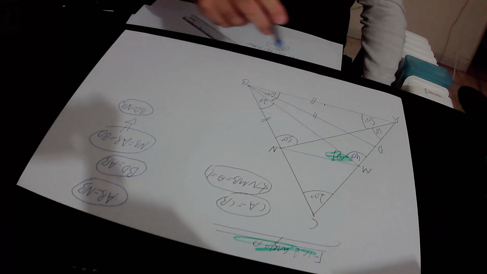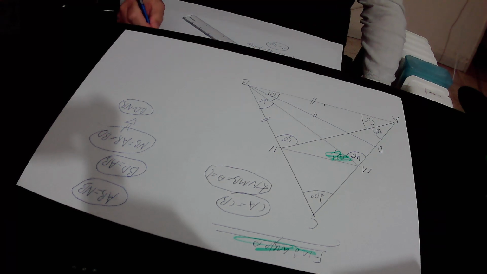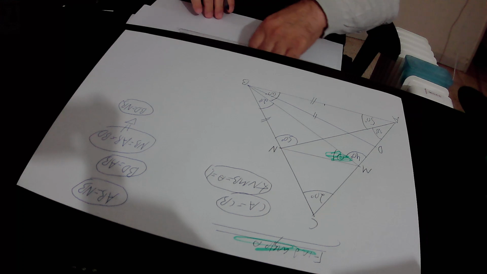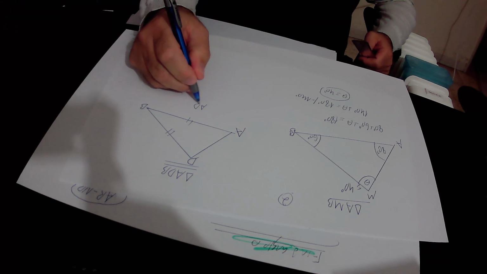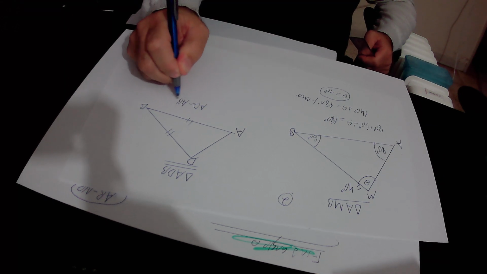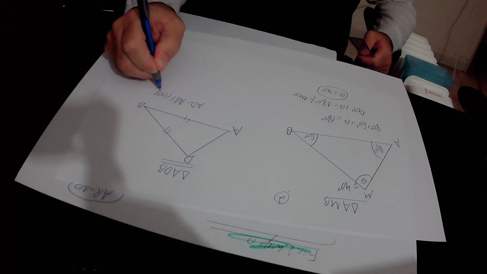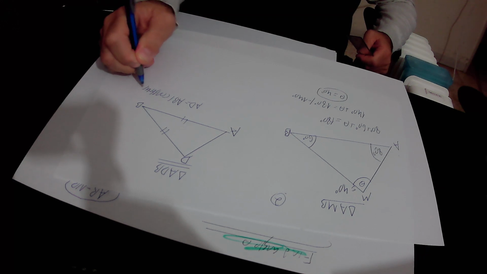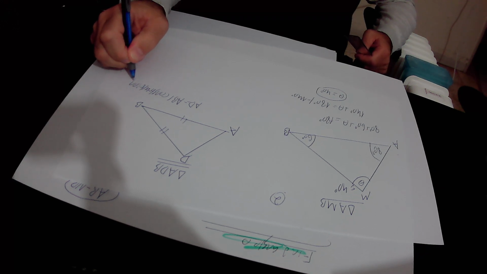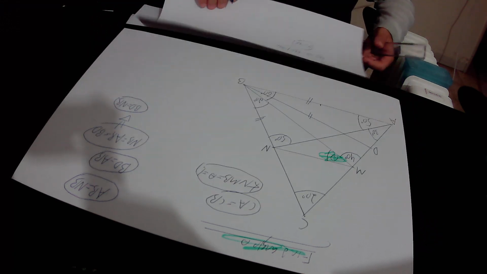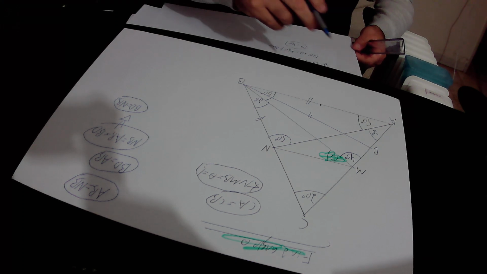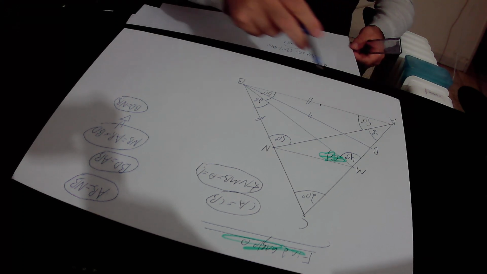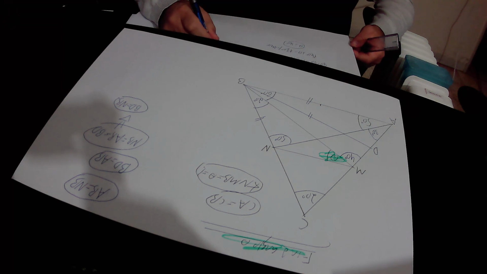Again, side DB equals side AB according to our construction. This is triangle ADB that I copied from the original drawing. Side AD equals side AB according to our construction. Angle DAB, this angle equals 80 degrees.